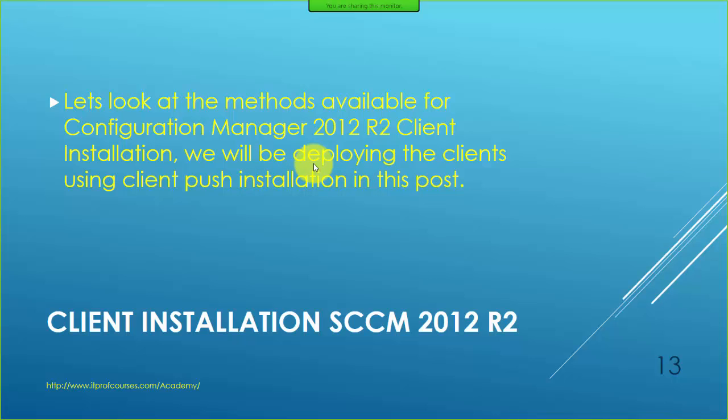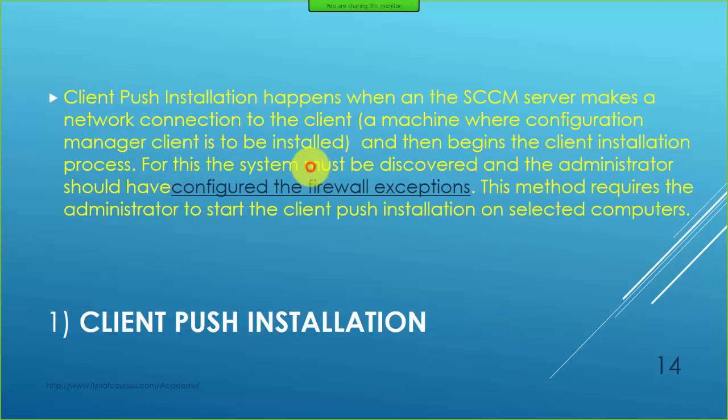One was site-wide installation of SCCM client settings, but I'm just going to go through these again, a bit quickly, and then we're going to go to the other methods as well. So client push installation is what we did. Client push installation happens when an SCCM server makes a network connection to the client, a machine where the Configuration Manager client is to be installed, and then begins the client installation process. We did that, and I'm just going to review that too.